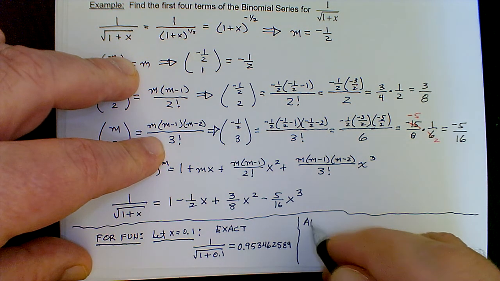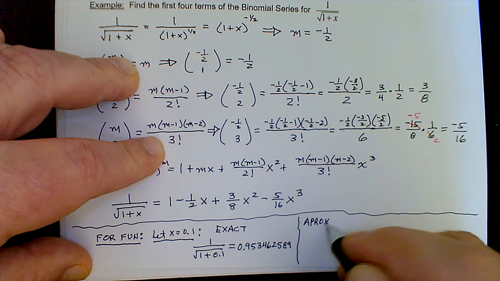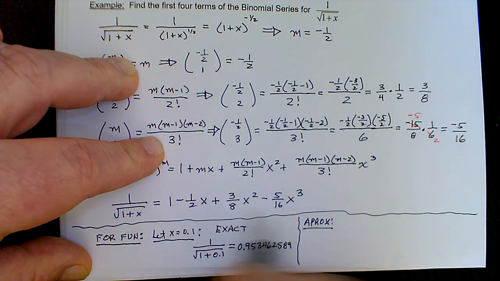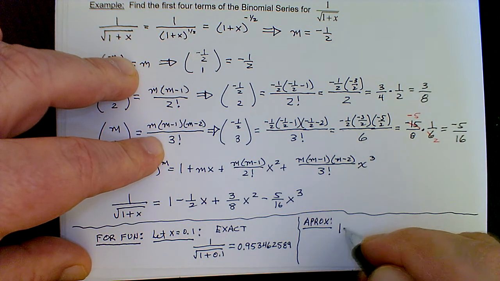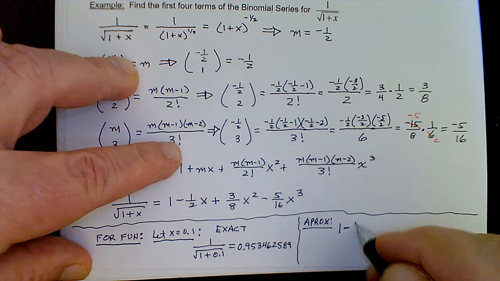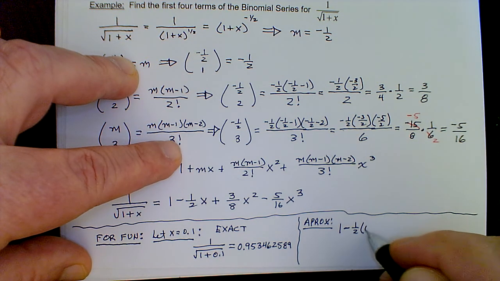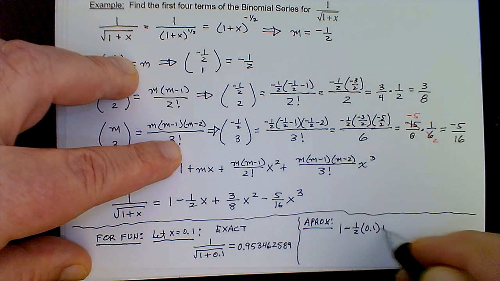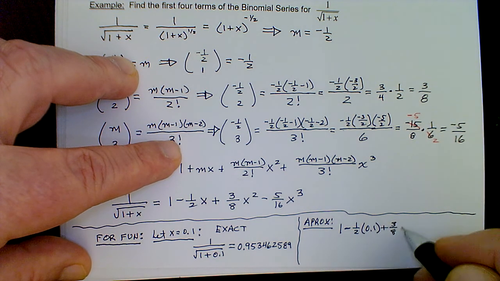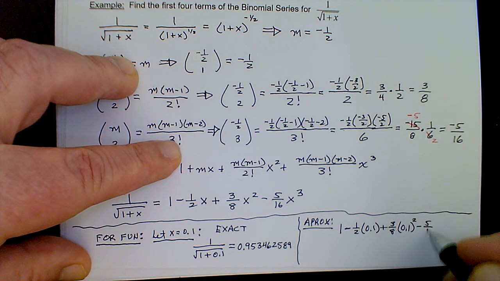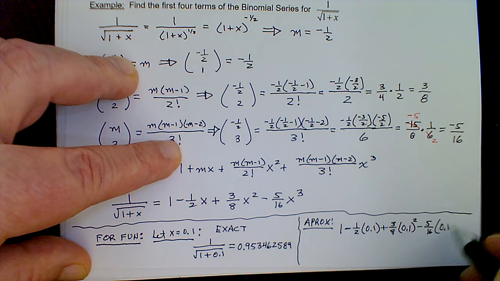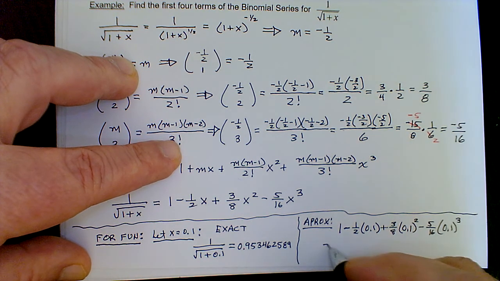Okay, and then the approximate value. That's plugging in 0.1 for x into our polynomial. So 1 minus 1/2 times 0.1 plus 3/8 times 0.1 squared minus 5/16 times 0.1 cubed.